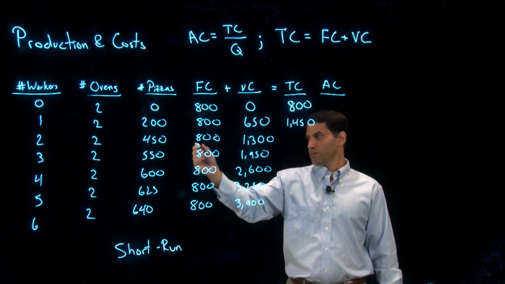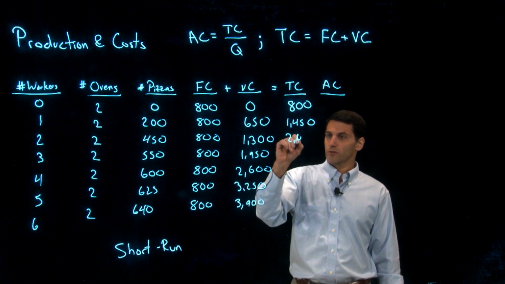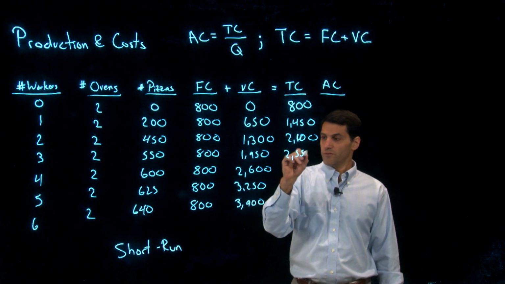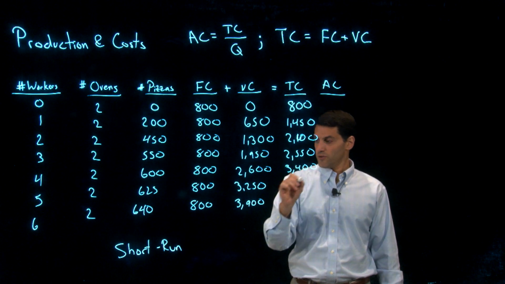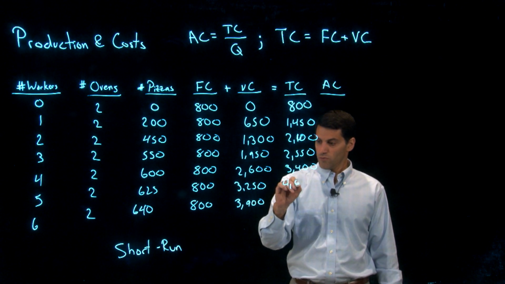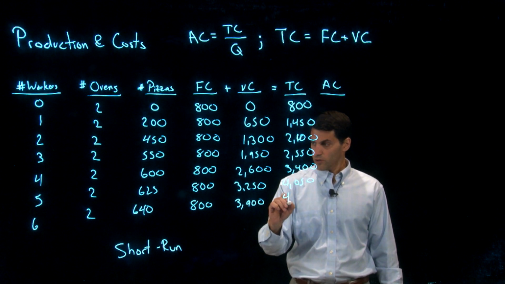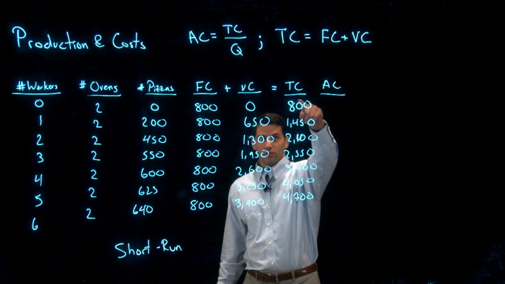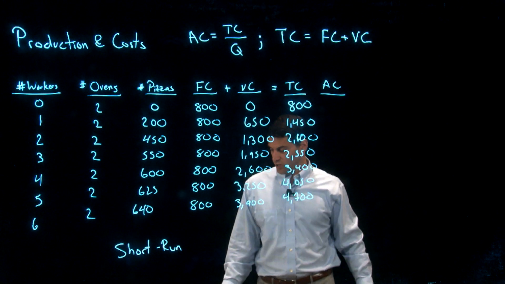And then we go up to 800 plus 1,300 is 2,100, then 2,550, 3,400, 4,050, and then finally 4,700. Notice in each case the total is changing by the variable cost; it's going up by 650 in each case here.